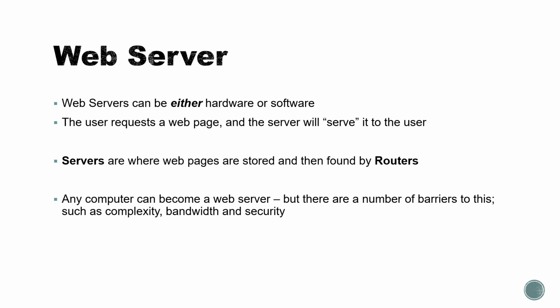And then when that request gets to the server, it says, "Oh, we're looking for this page about, I don't know, technology," and then it serves it back to me again via routers. And this process happens very, very quickly. Commonly web pages load in a couple of seconds. So it's a pretty quick process. And you've got to remember that sometimes these servers are on the other side of the world.